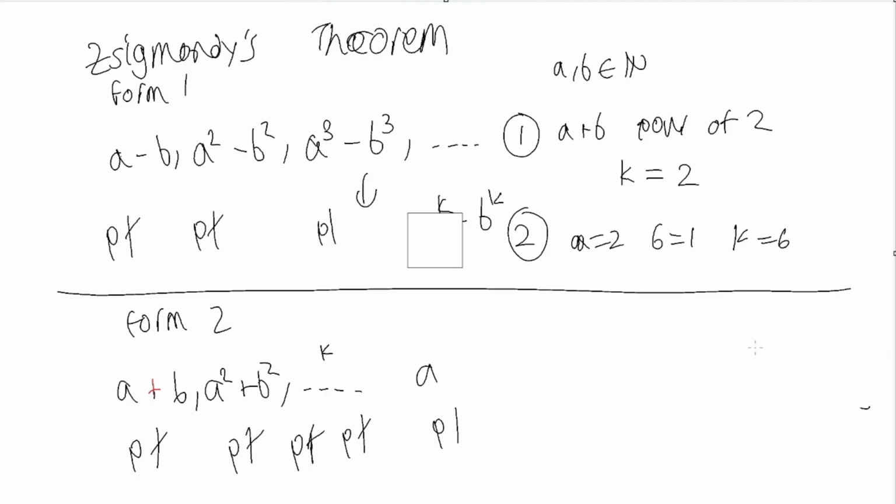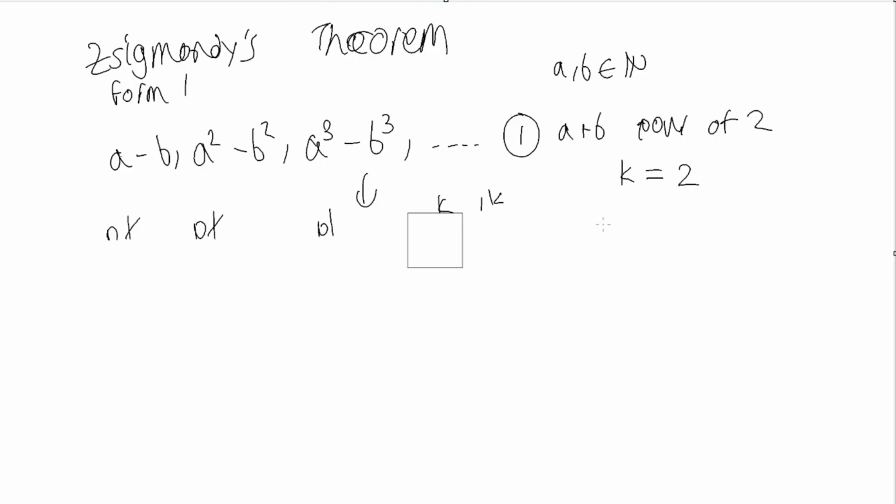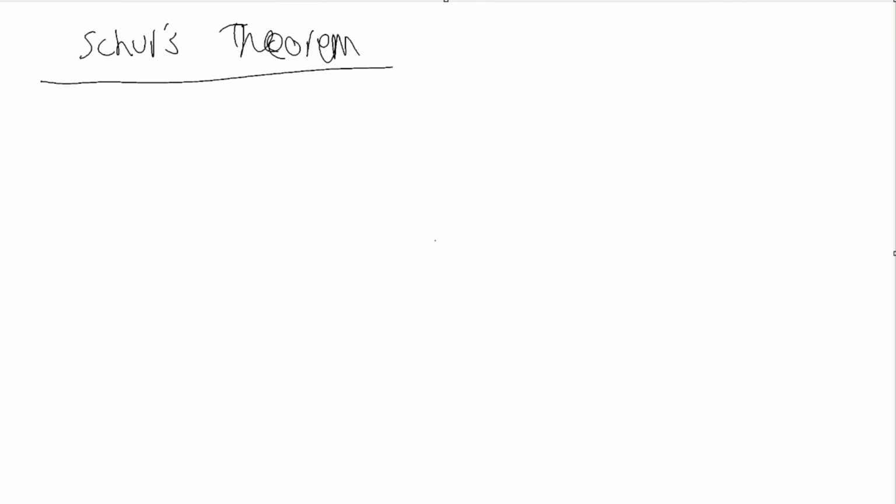So that's Zsigmondy's theorem. And now let's take a look at our final sledgehammer, which actually isn't super hard to prove, and it is called Schur's theorem. What Schur's theorem states is that suppose you have a polynomial p of x, which is not constant.